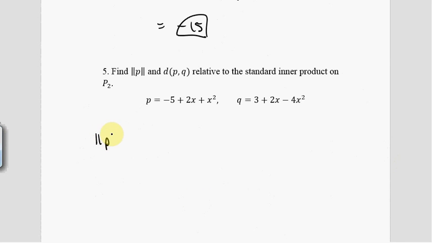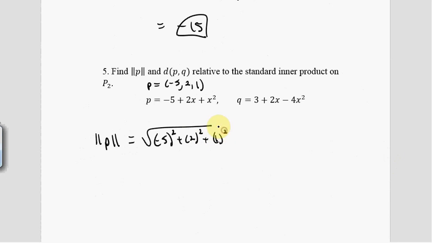So here the norm of P. We got the components for P again, -5, 2, and 1. So here, this norm is the square root of the -5 squared plus 2 squared plus 1 squared. So this is the square root of 25 plus 4 plus 1. So here we get the square root of 30.